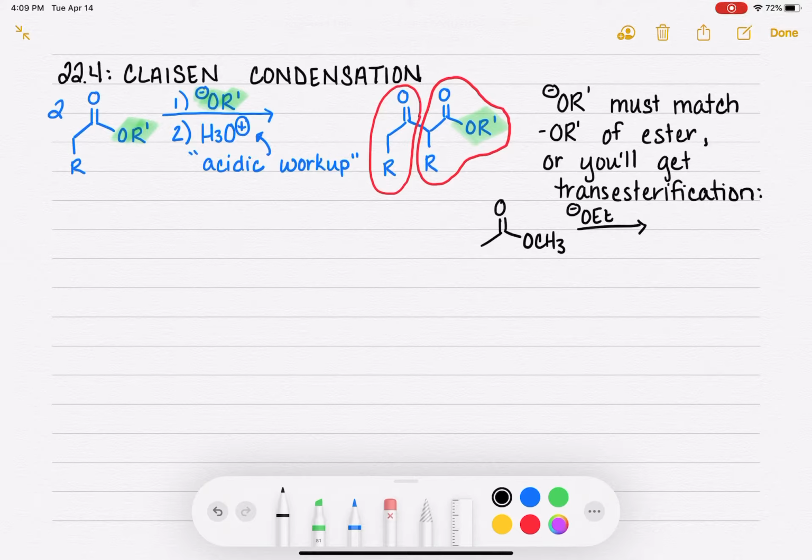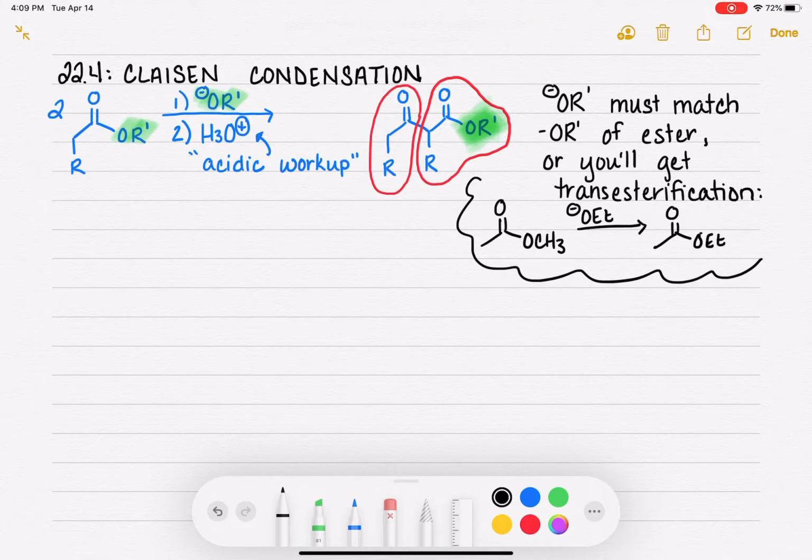One of the things that will happen with an ester is that OR group is super happy to swap. So if we have an OR group that is not the same as the OR group of the ester, when we make the product of the Claisen condensation reaction, there will be a couple different OR groups hanging off of that final product, which is not what we want to have happen. So we want to make sure that the OR groups match, so we avoid this situation.